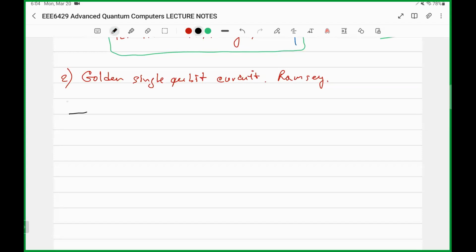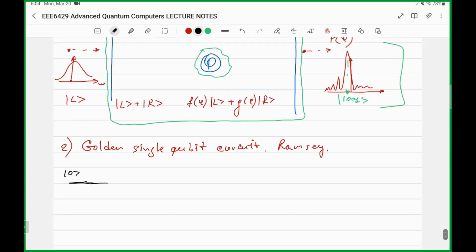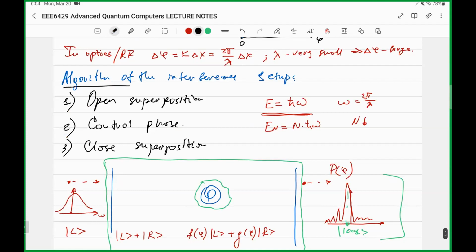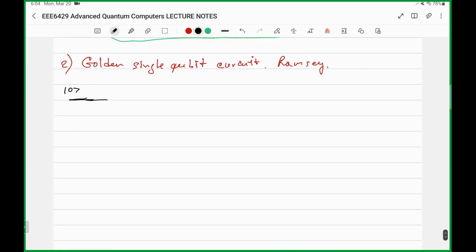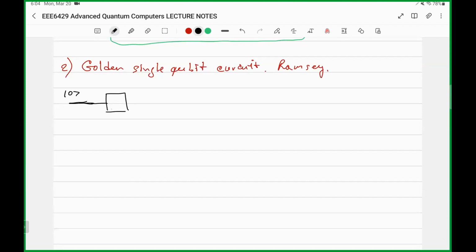This is just a 1 qubit circuit. I have 1 qubit, right? And then according to this algorithm, what I do is open the superposition. To do so, I put this Hadamard gate first, right? This creates the superposition. Then I have another gate. We call this the P phi gate, which is represented by this matrix: 1, 0, 0, e to the power of i phi.